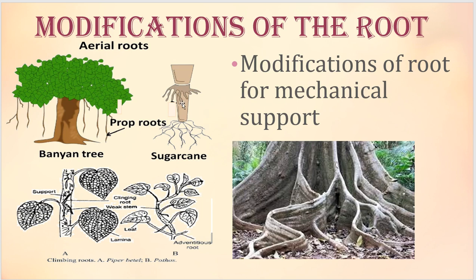And the second example is stilt root, otherwise termed as brace roots, because these roots are produced from the node closer to the soil. From the next node, they will produce roots, and these roots will give extra additional mechanical support to the plant. This kind of root you can see in almost all the monocot plants, like maize, corn, sugarcane, and barley.